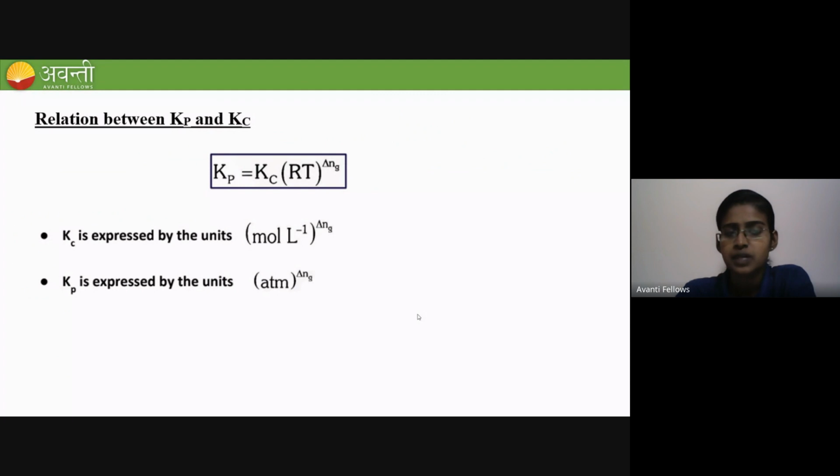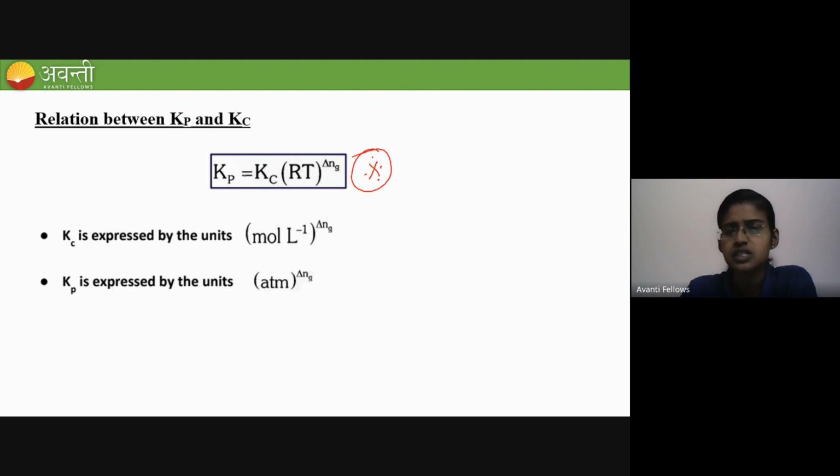Kc is expressed in the unit mole per liter to the power delta Ng, and for partial pressure, it is atmospheric pressure to the power delta Ng. This is the relationship between Kp and Kc, which is very, very important.